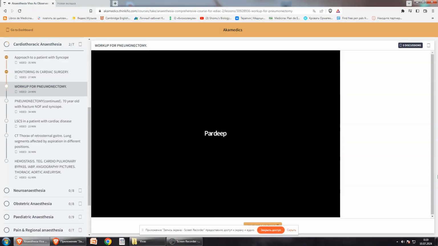Saturation of 90 or 92 will be acceptable, because this is actually a protective mechanism, and that will reduce the shunt ratio if it is there. And another thing is, if surgery has started, I can ask the surgeon to clamp the pulmonary artery. That will also improve hypoxic pulmonary vasoconstriction.